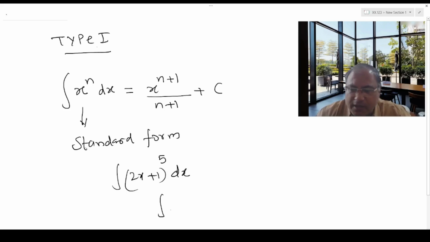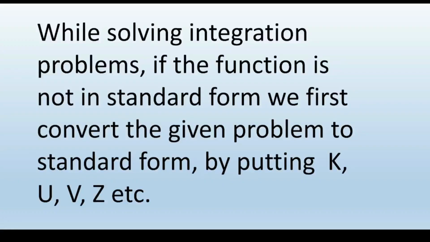Standard form has a single variable, that is, x is a single variable having the index n. So I am going to consider this type of problem in type 1. While solving integration problems, if the function is not in the standard form, first we convert the given problem to standard form by putting k, u, v, z, etc.